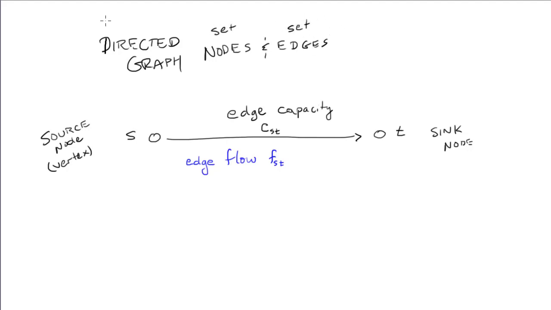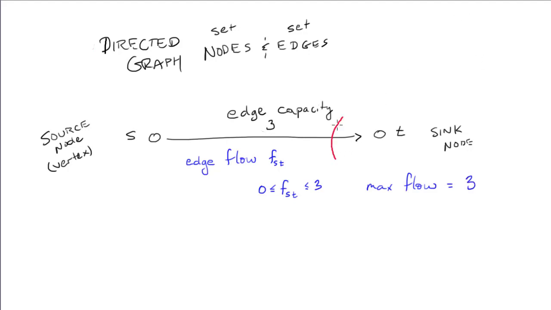They don't even have to connect or even make sense, but then why would you use it? So if this edge had capacity 3, then the flow has to be positive and less than or equal to the capacity. The maximum flow is obviously 3.